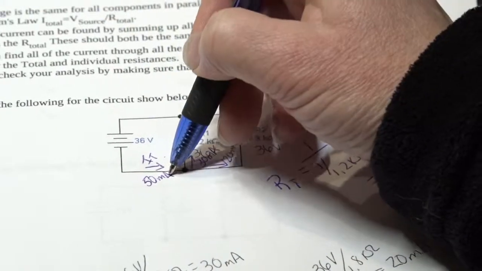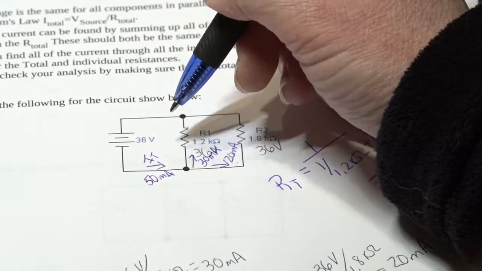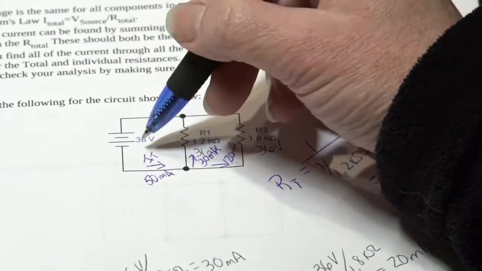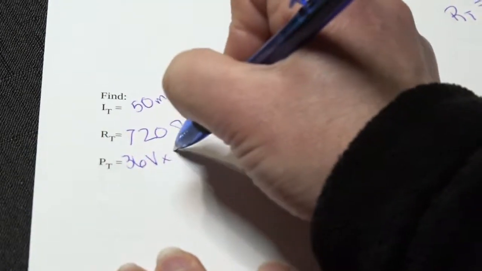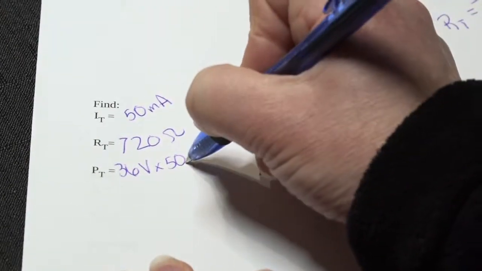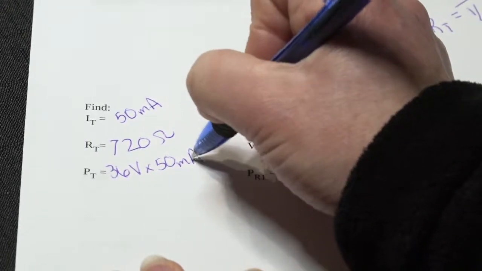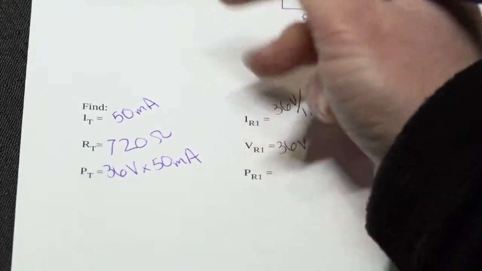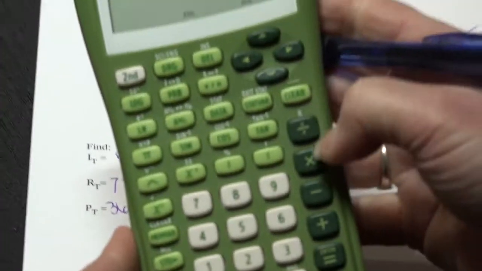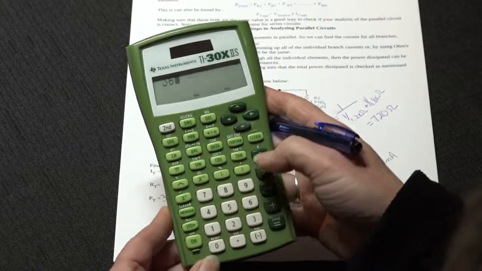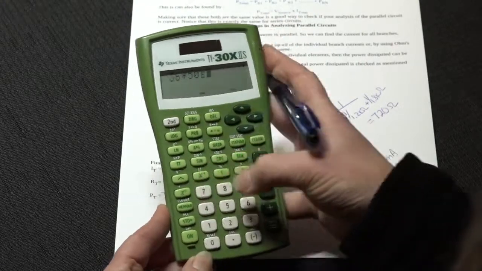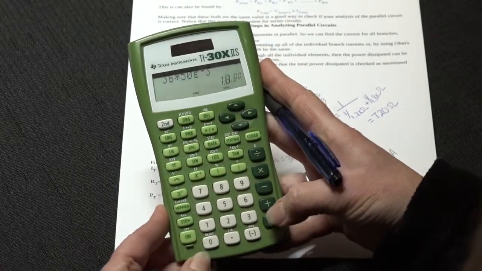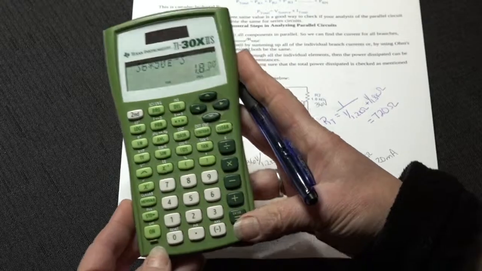Now if we take 50 milliamps and multiply that by our 36 volts, let's go ahead and calculate that. So 36 volts times 50 milliamps gives us 1.8 watts.